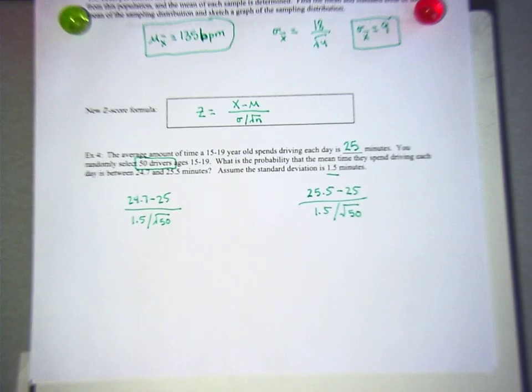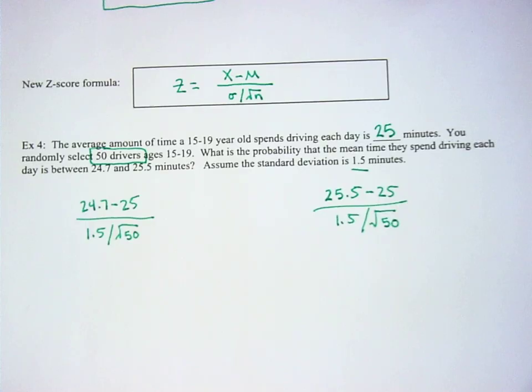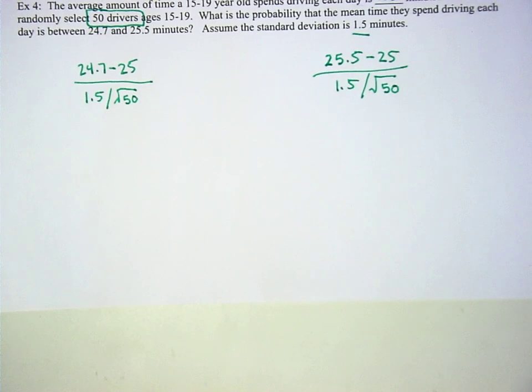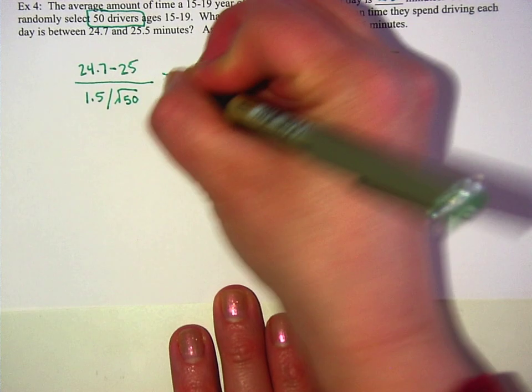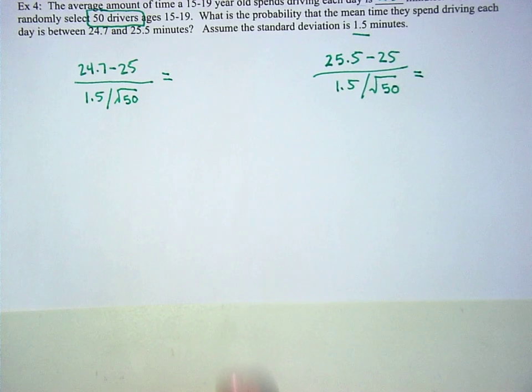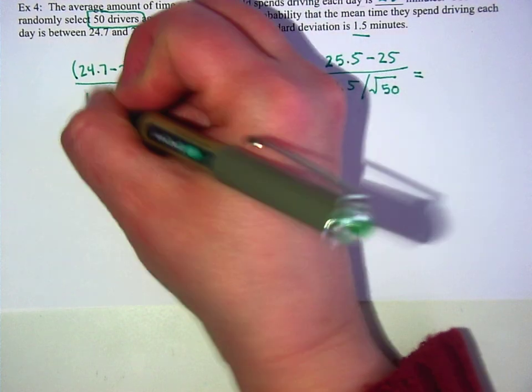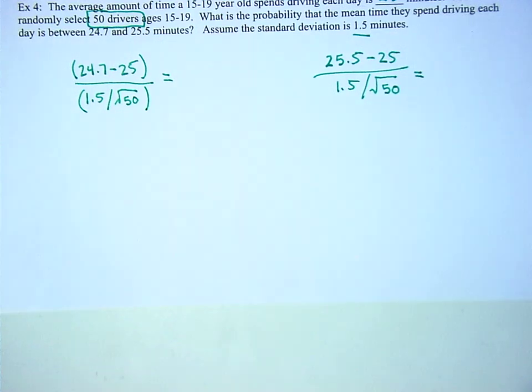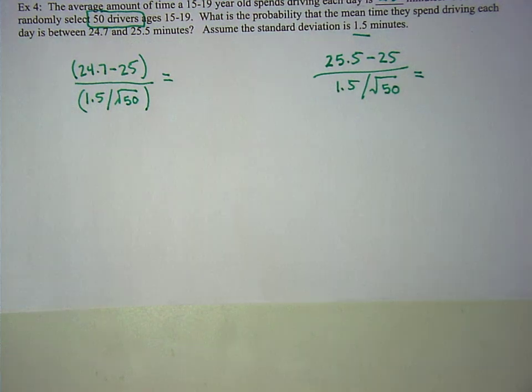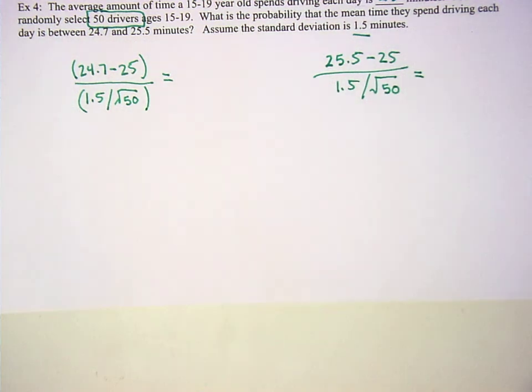All right, put both of these into your calculator, get us some z-scores, take out your A16, A17 sheet. Can you just type this straight into your calculator? No, you've got to put parentheses on the top and parentheses on the bottom, and then you can type it all at once. Otherwise it's going to divide by 1.5 and then divide again by the square root of 50.